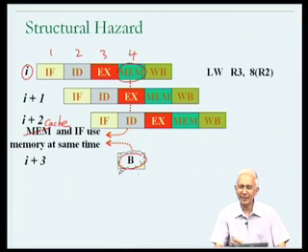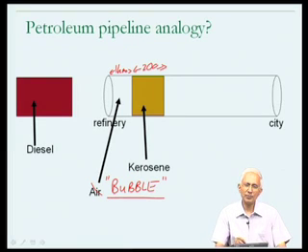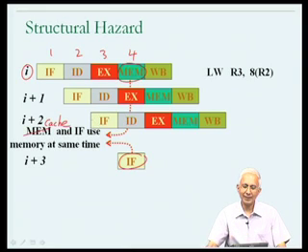But in the case of the petroleum pipeline, what was the purpose of pumping air? The purpose of pumping the air was to postpone the arrival of the diesel into the pipeline. And that's exactly what we'll view as the purpose of the air over here.